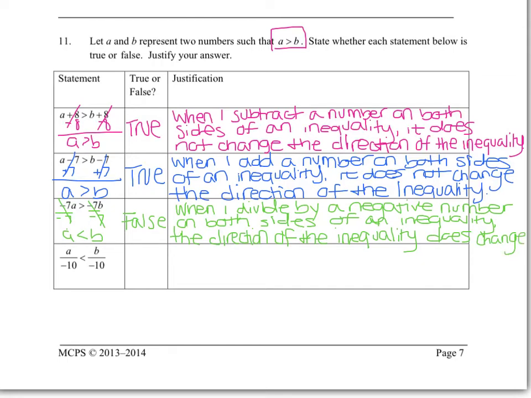So dividing by a negative number changes the direction of the inequality.